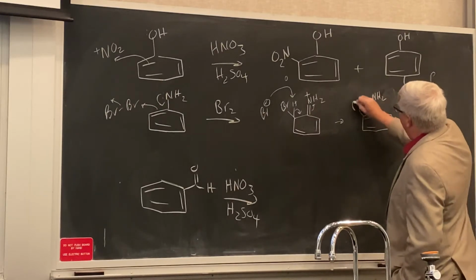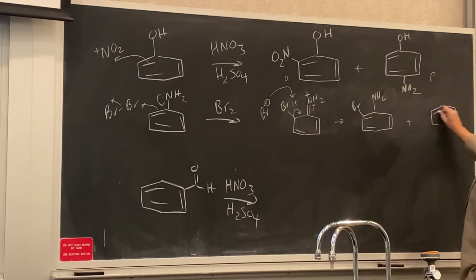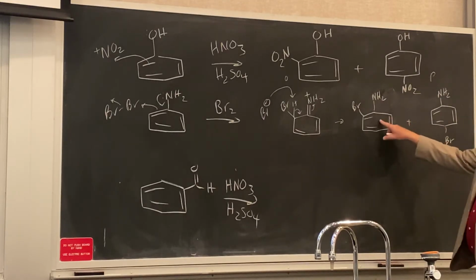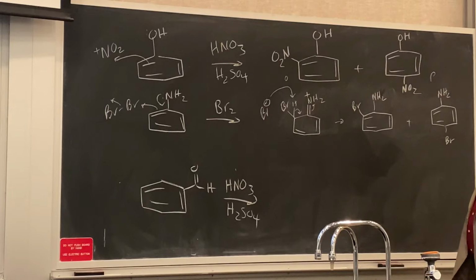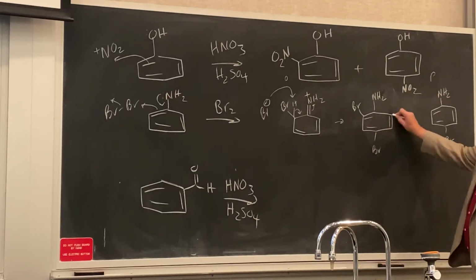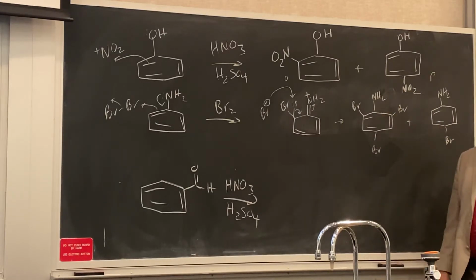And it's the same thing for the para product. We should draw that for the aniline right here. Okay, so we can get a mixture of that if we do the monobromination. Now, one thing to notice about phenol and aniline with halogenation, either chlorine or bromine, we often get over-halogenation at all of the ortho and para positions available.